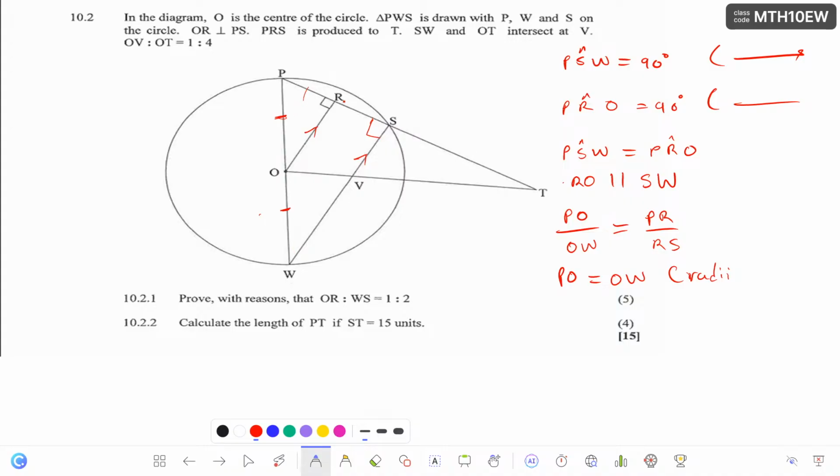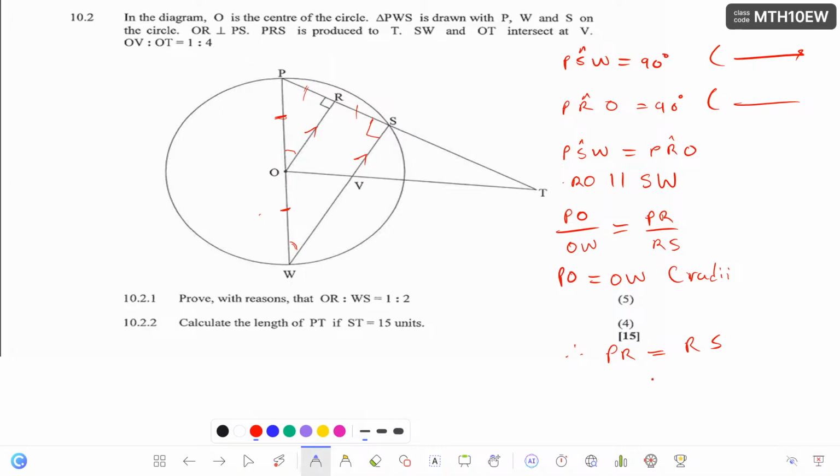even this one, they are also equal to each other. So now we can conclude that PR and RS are also equal to each other. Because you can see this angle and this angle are equal. Reason is corresponding angles, because those two lines are parallel to each other.